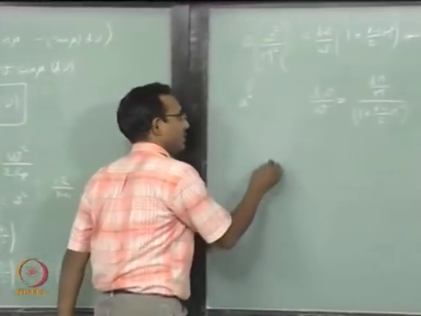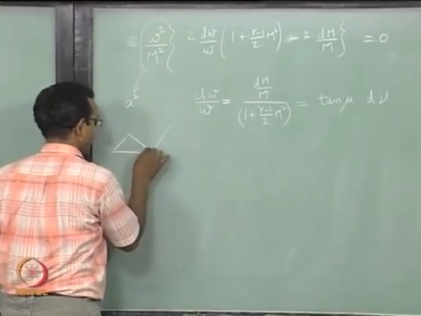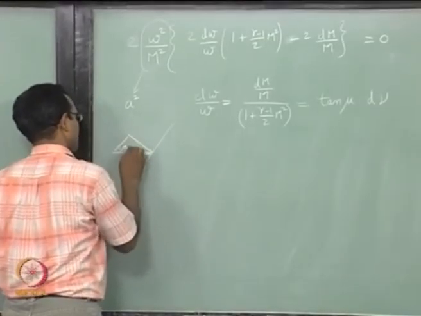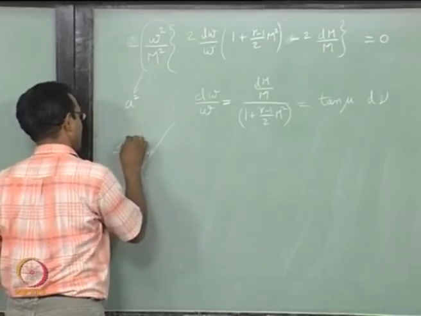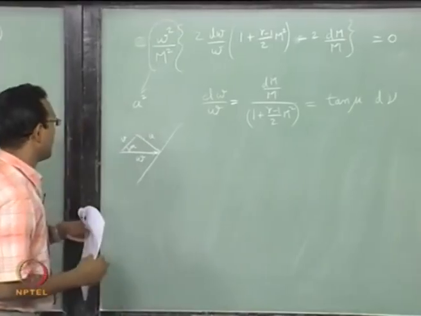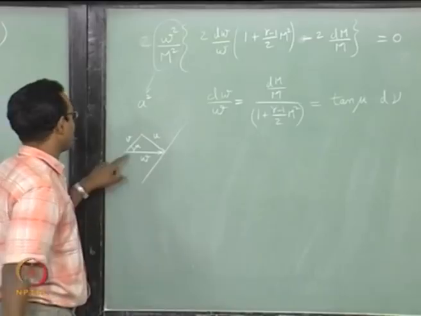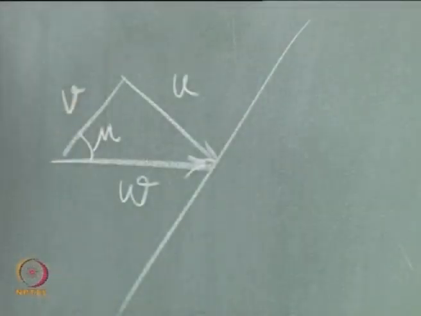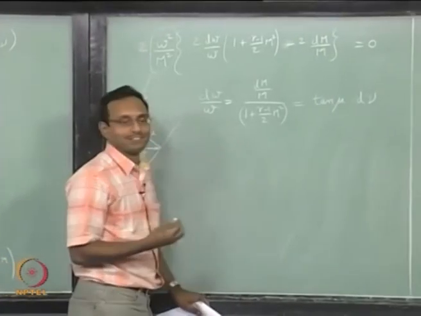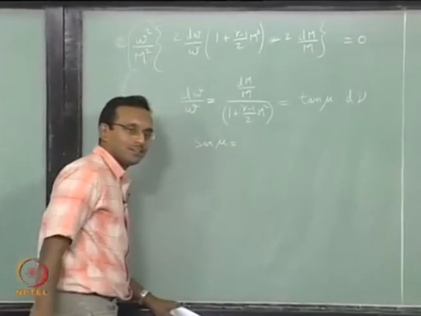Now I have to go back and look at my mu function. What is tan mu? Actually, I do not need this at all. Directly I can tell you tan mu. What is tan mu? Sin mu by cos mu. Sin mu is what?